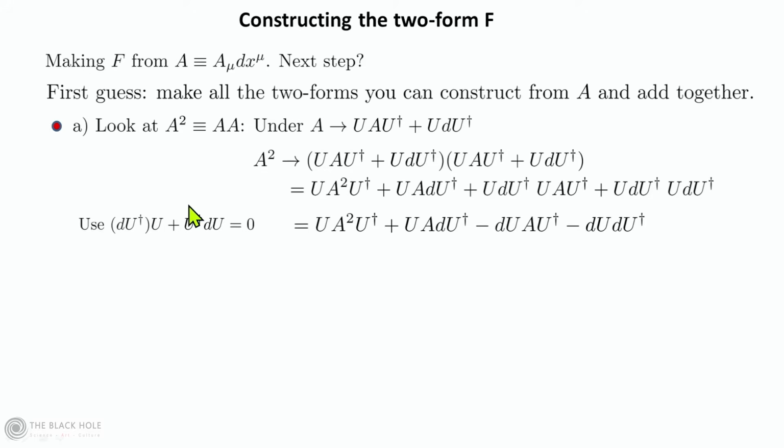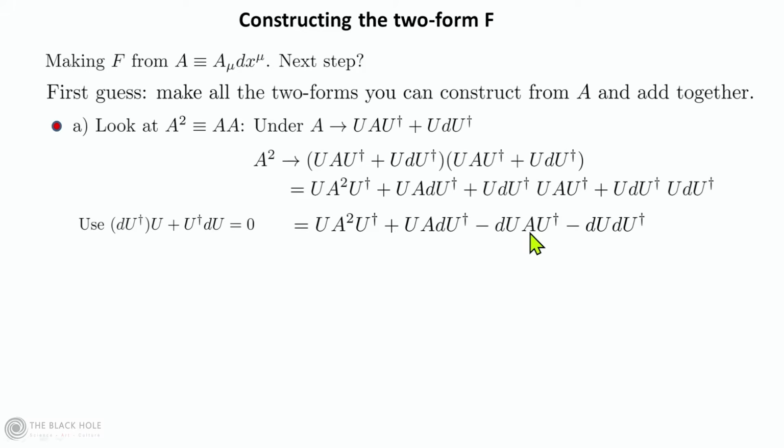Okay, now let me use the fact that U dagger U is equal to 1, which means that we have this relationship here. And now let's see how we can apply that here. Nothing to do over here, nothing to do over here. But look over here, there's dU dagger U. I'm going to replace that with minus dU U dagger.